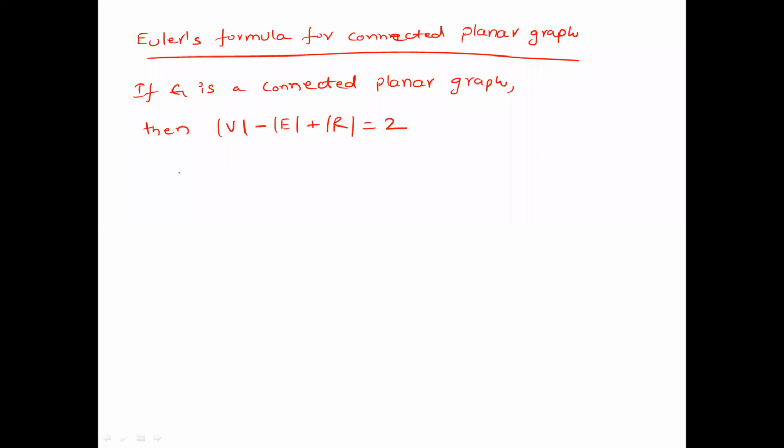So what do you mean by this? What is mod V? The number of vertices of the graph, and mod E is the number of edges, and mod R is the number of regions.